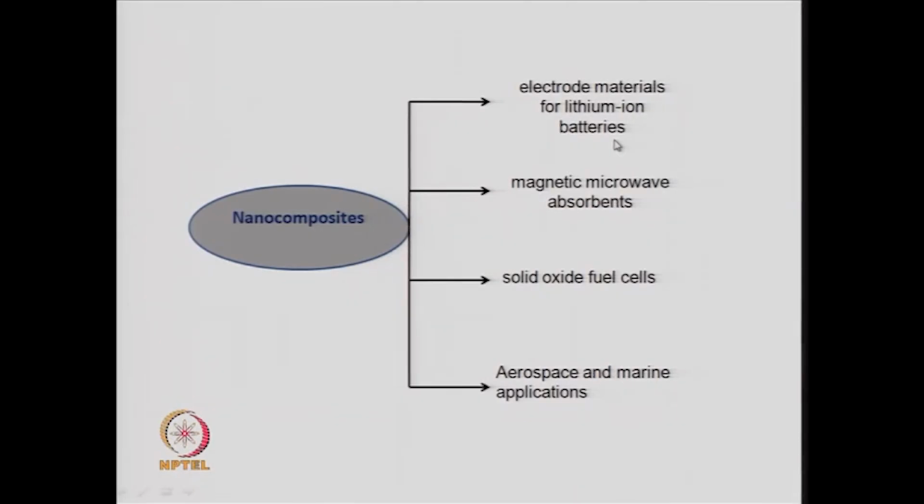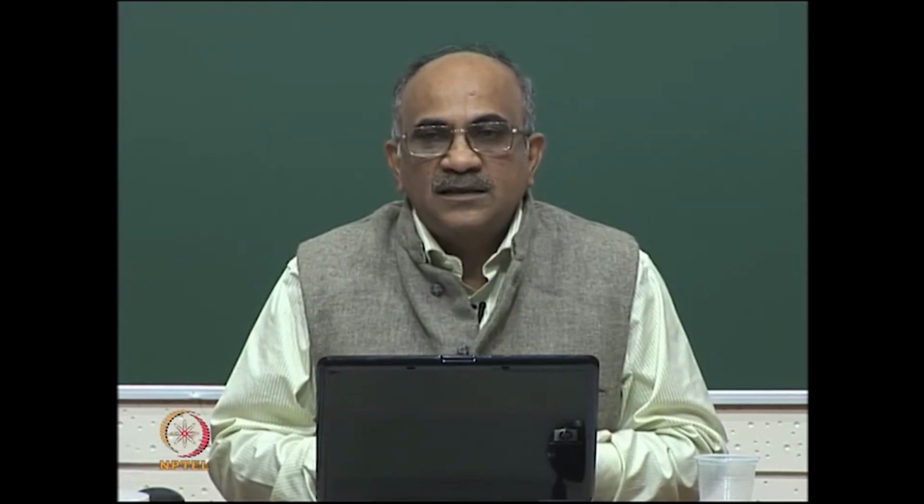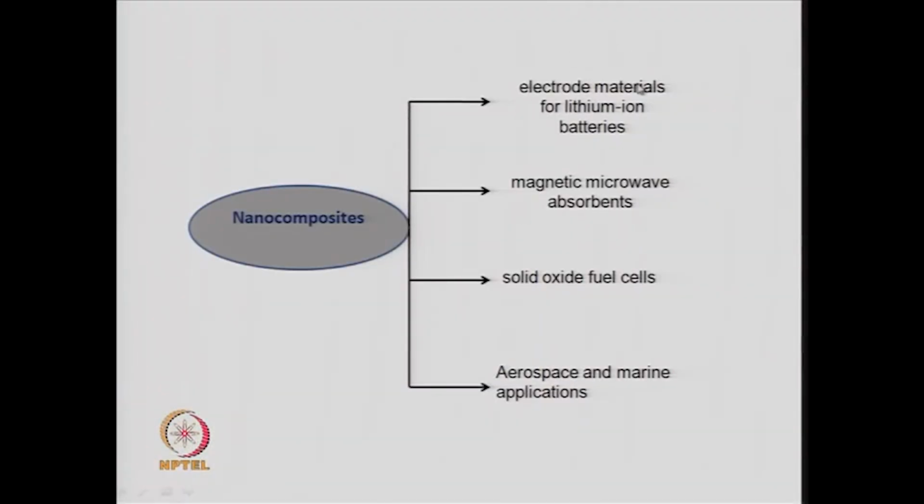One of the most important areas of research and development and applications in industry, and also for domestic purposes, is the development of batteries which have long shelf life, can be used for several hundreds or thousands of cycles, and such batteries are based on lithium ion intercalation and deintercalation, and the electrode materials for such lithium ion batteries are being developed based on nanocomposites.